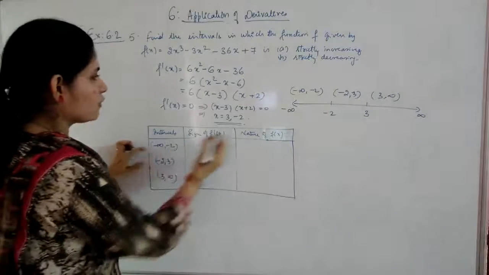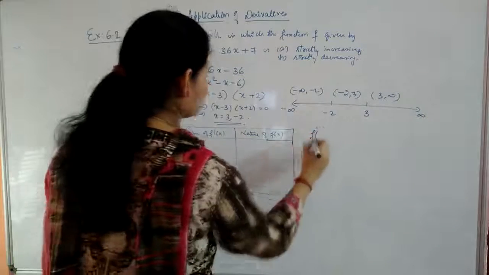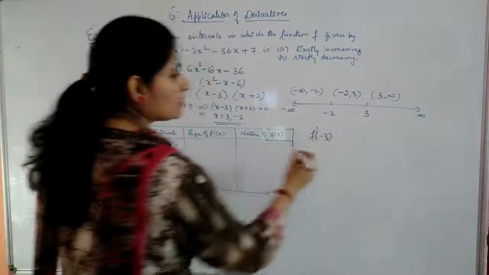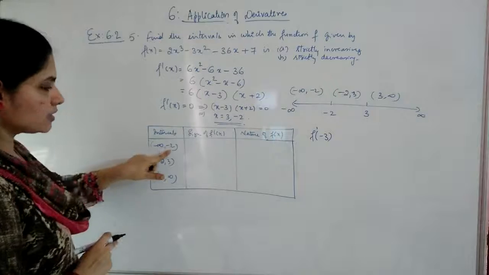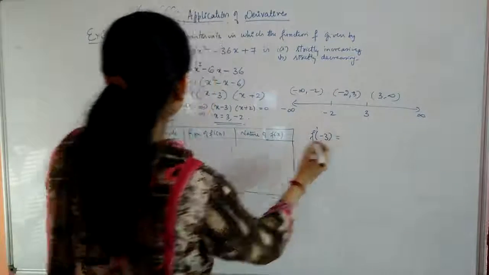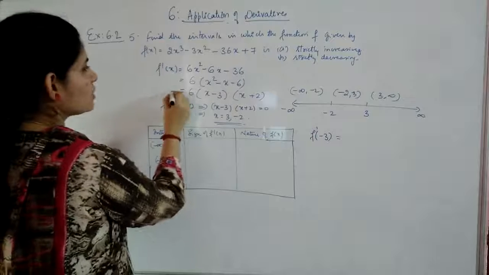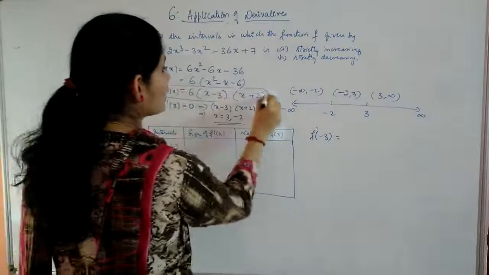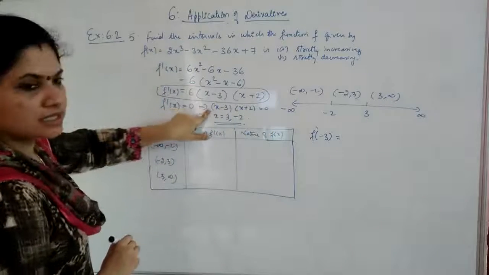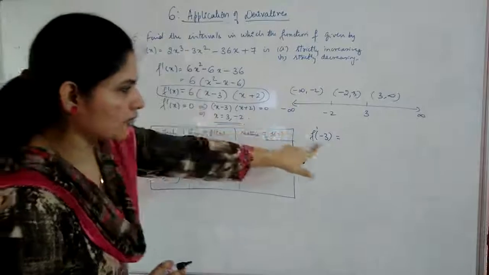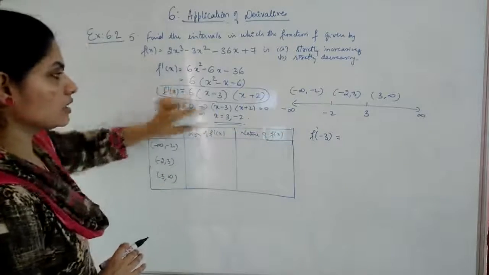Now we will just check f dash for any value which is in between these. If I am taking -3, be careful while taking the value, whether it is in this interval or not. f dash of -3 means you are substituting in this. I have already told you, you substitute in the form where you have all the values which are not deleted. Here I have deleted 6. Since it is positive, it won't do any harm, but if it is a negative quantity, you will go wrong.